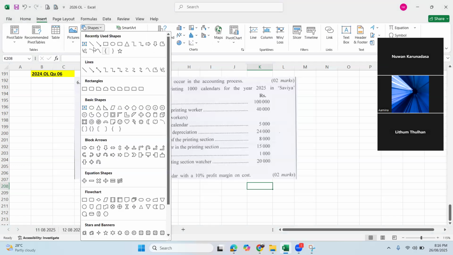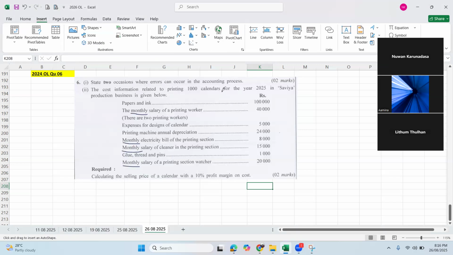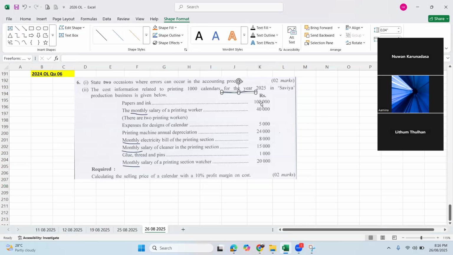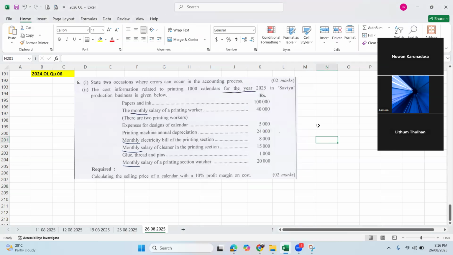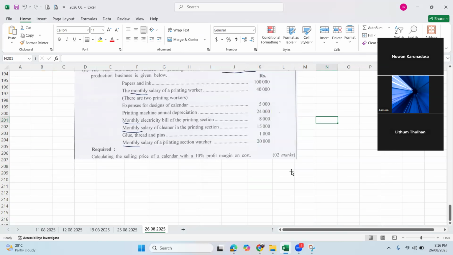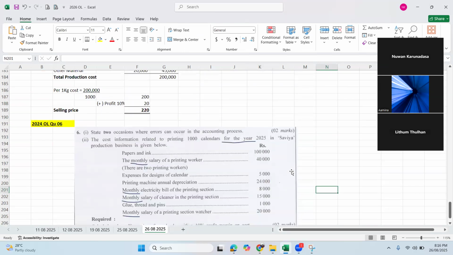So they are saying the information is relevant for a year. Therefore you must multiply by 12. This is important. Calculate the selling price of the calendar with a profit margin of 10% on cost.